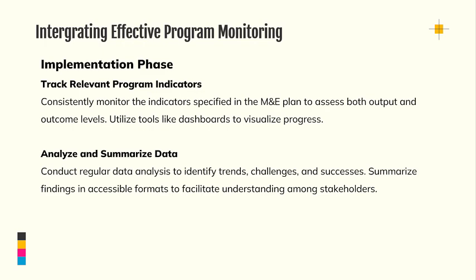The other thing is to analyze and summarize the data. Conduct regular data analysis to identify trends, challenges, and successes. Summarize these findings in a good format that is easily understood by the key stakeholders.